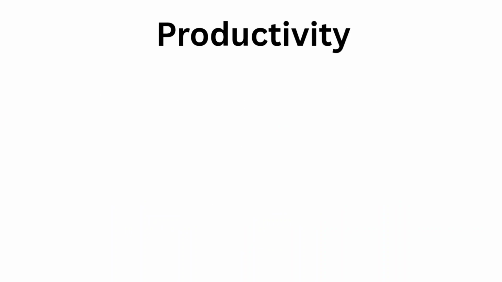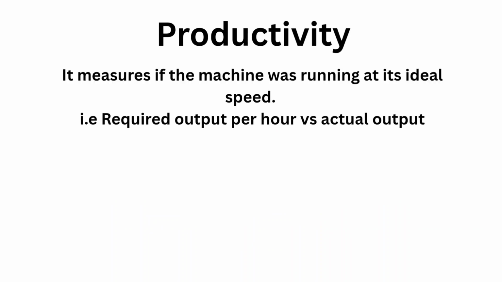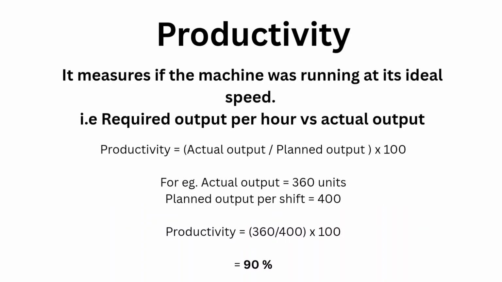The second major factor is productivity. Productivity measures whether the machine was running at its ideal speed, that is required output per hour versus actual output per hour. So the formula is productivity equals actual output divided by planned output into 100.